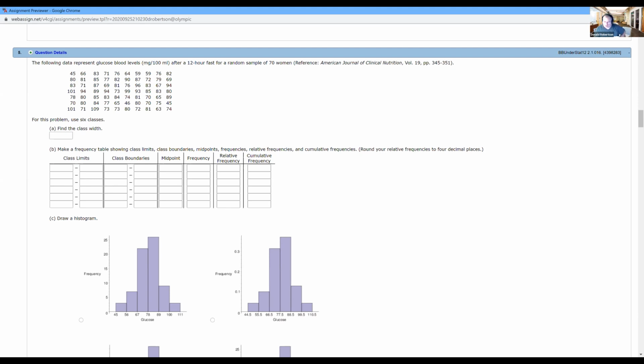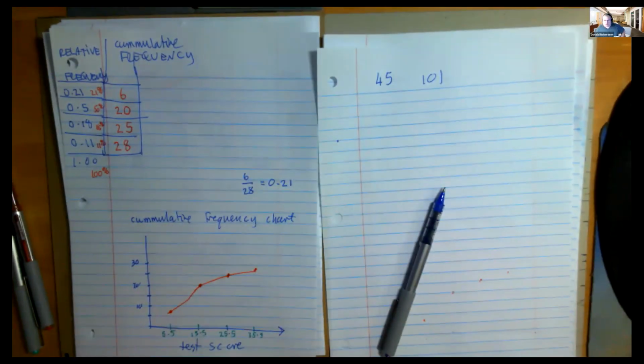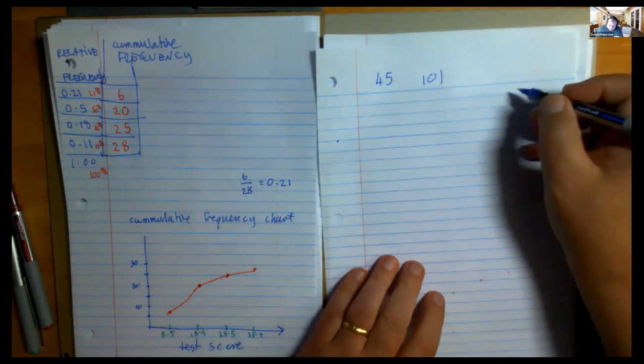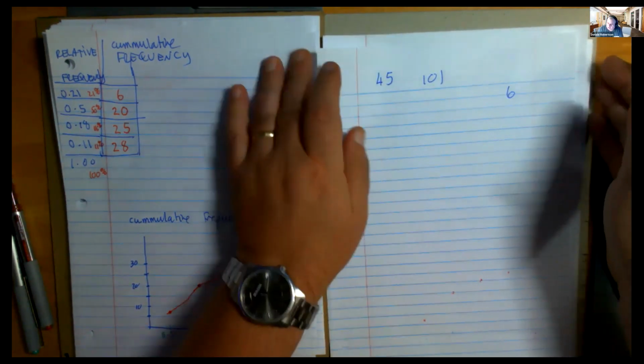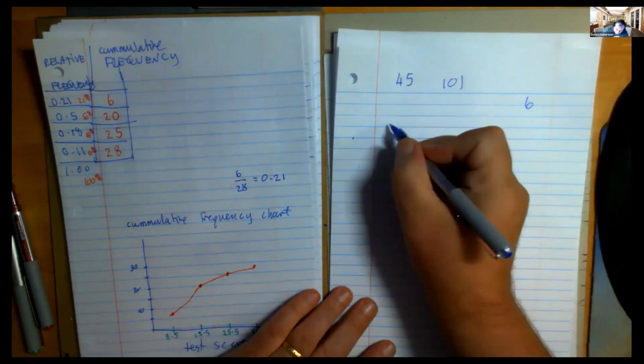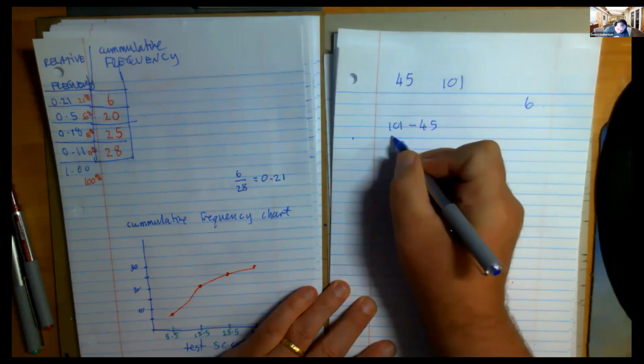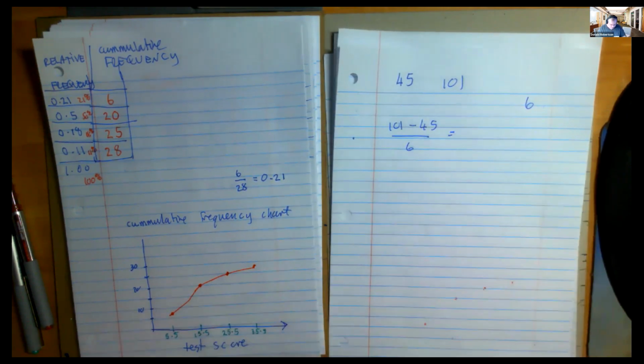Now I'm going to leave that and go back into the white screen for a little bit, just to show you what I'm doing, so you can't just hear me saying it, but you can actually see me doing it. We went through the data, we got the small one, we got the big one, and they want 6 intervals, 6 bins. So 101, take away 45, divided by 6.